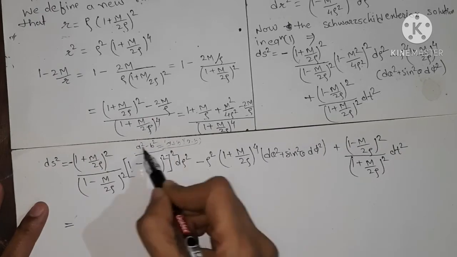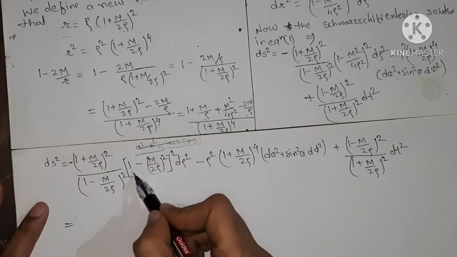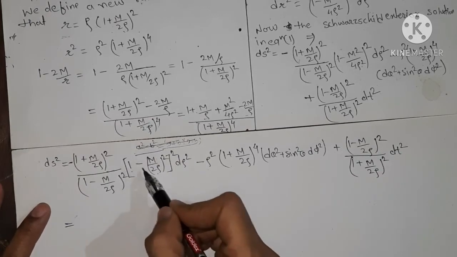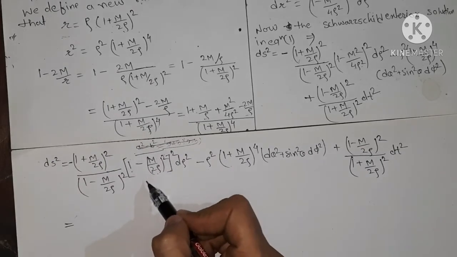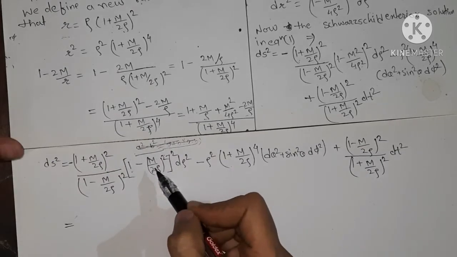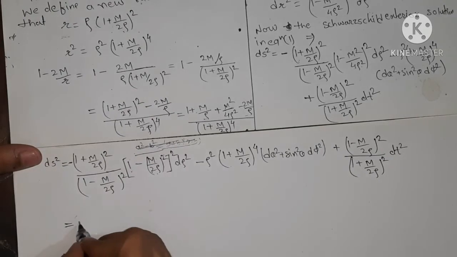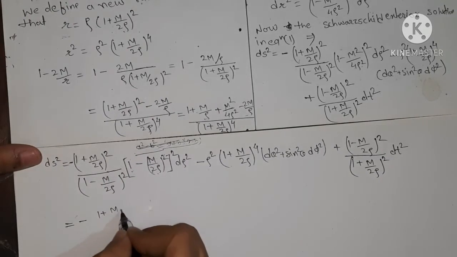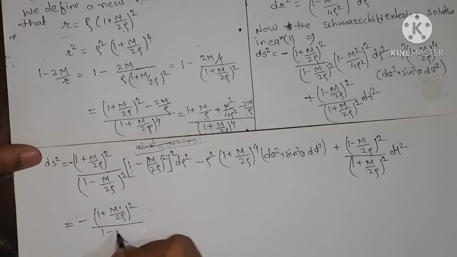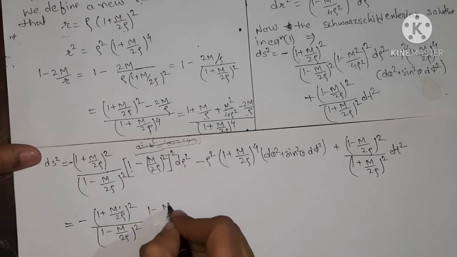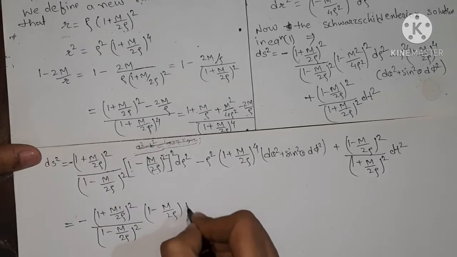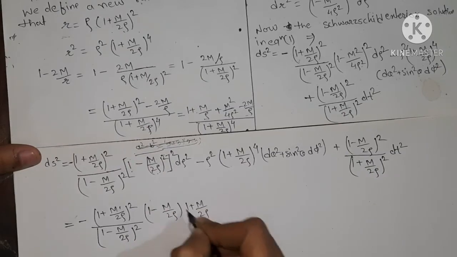Okay, so we are applying the formula a² − b² = (a + b)(a − b). So this we write as −(1 + m/2ρ)² upon (1 − m/2ρ)², and this equals (1 − m/2ρ)(1 + m/2ρ).